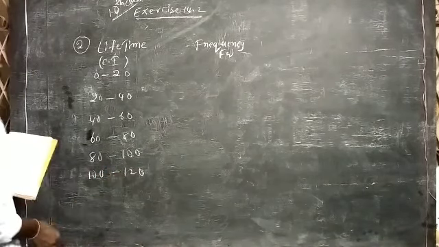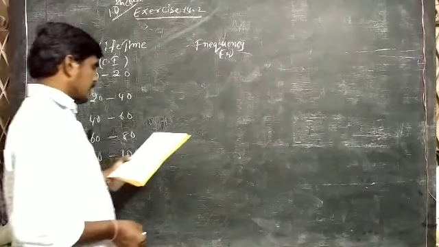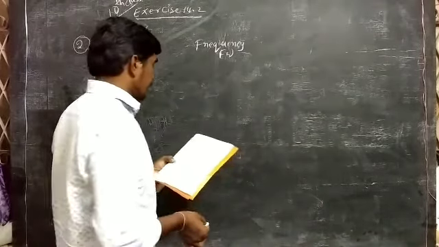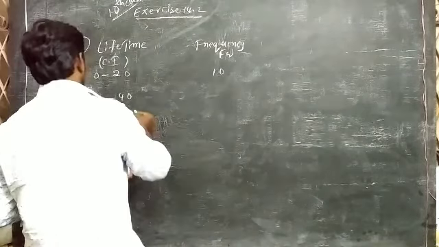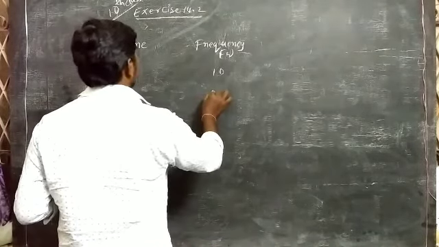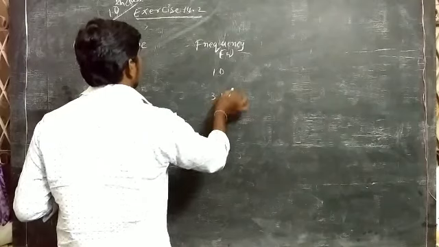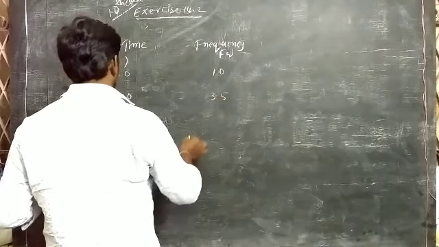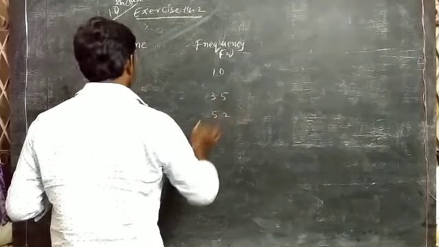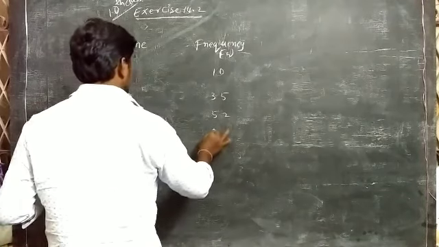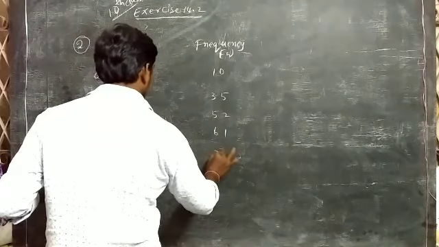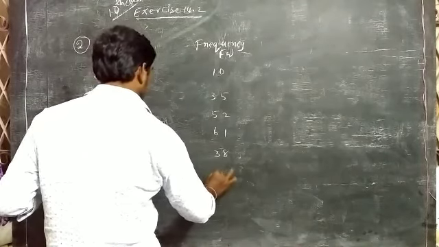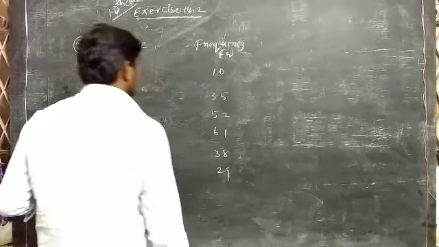These are the equal class intervals, and the frequencies: first class interval frequency 10, second 35, third 52, fourth 61, fifth 38, and the last one 29.